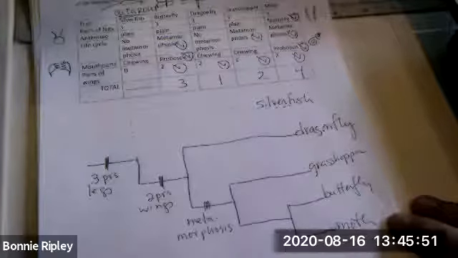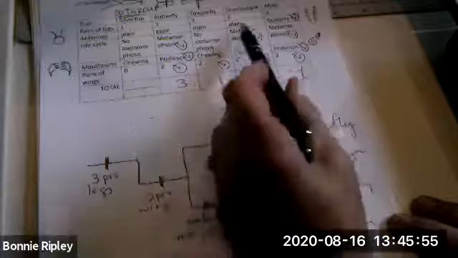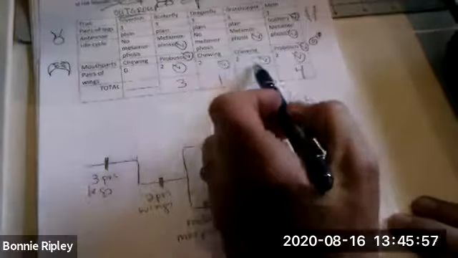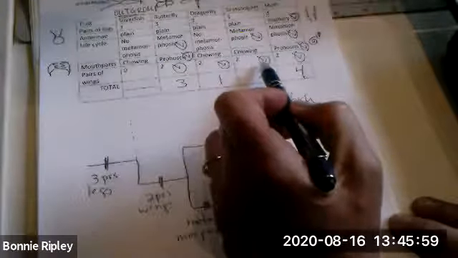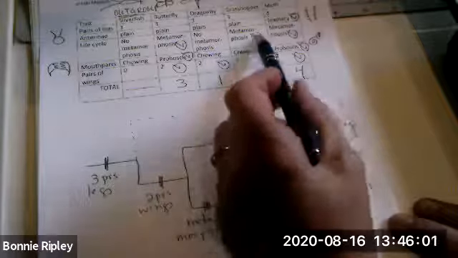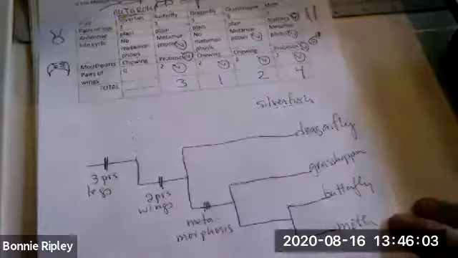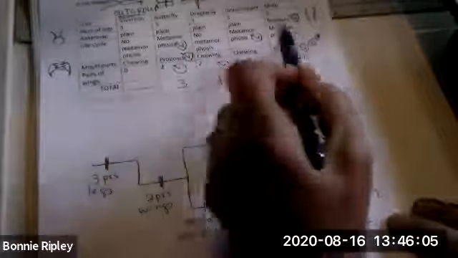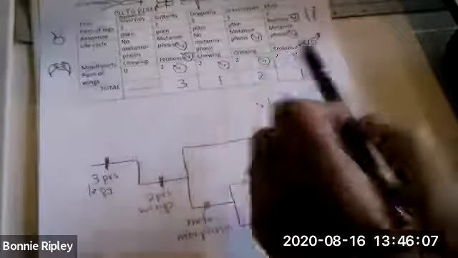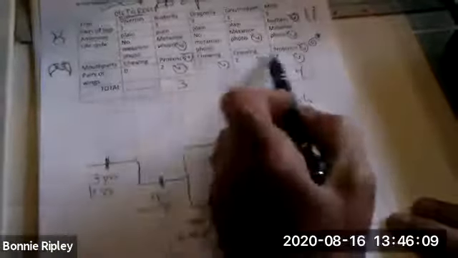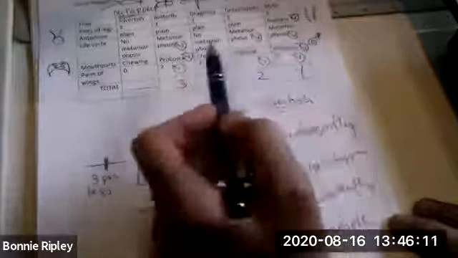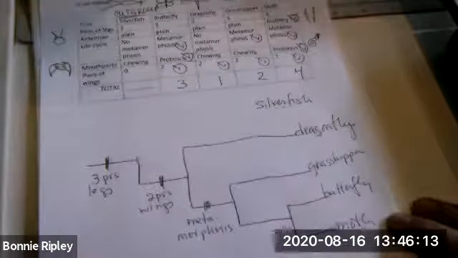What's different between grasshopper and butterfly and moth? Well, here's grasshopper. It's got metamorphosis and 2 pairs of wings. Butterfly and moth have metamorphosis, 2 pairs of wings, and they both have proboscis that grasshopper doesn't have.